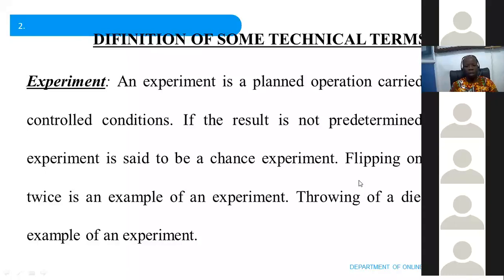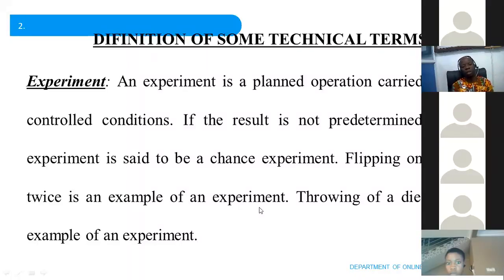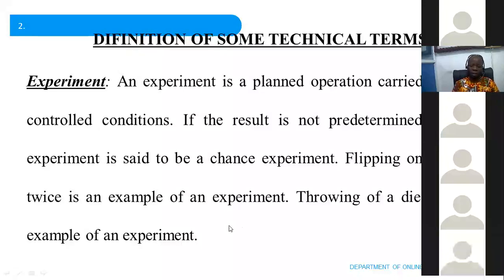Now, again, flipping one fair coin twice is an example of an experiment. So if you pick your coin and you toss your coin 2 times, that is an example. In the process of tossing, you are performing an experiment. We also have another one here. Throwing of a die is also an example of an experiment. So if you throw a die, I hope you all know a die. I will show you a die very soon.